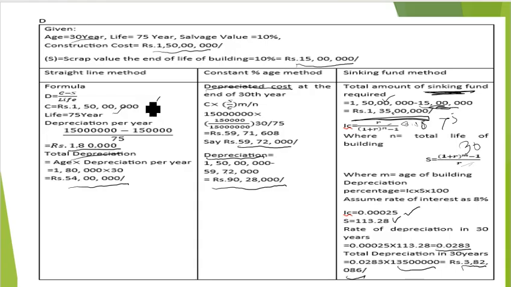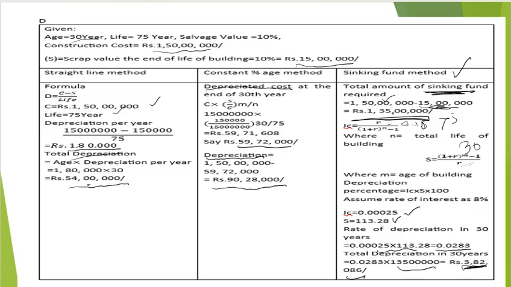So see here, the depreciation is only 3 lakh, or you can say approximately 4 lakh. Here the depreciation is 90 lakh. Here the depreciation is 54 lakh. So the sinking fund method will give you the lowest depreciation of all the methods. From here you can check.